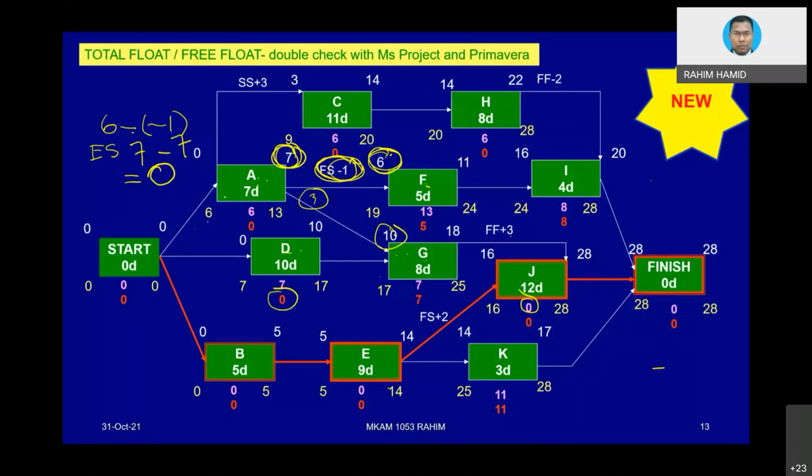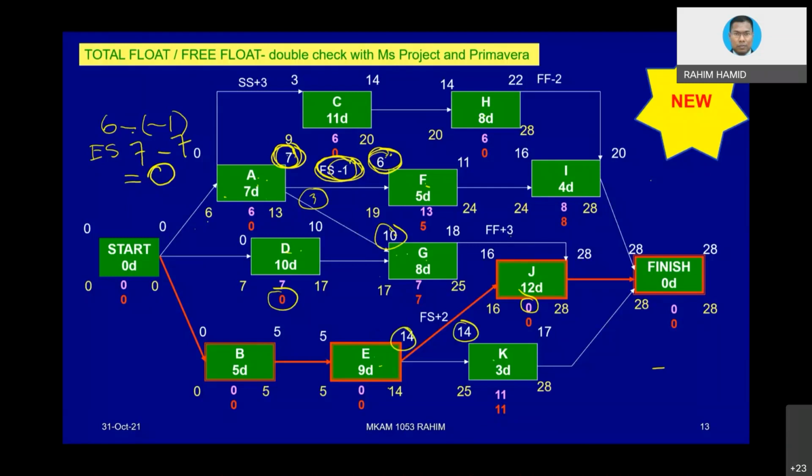Now let's go into G and J and E, for instance. Let's zoom into E first. E and K, very straightforward. 14 minus 14, you already know that E's free float is 0.